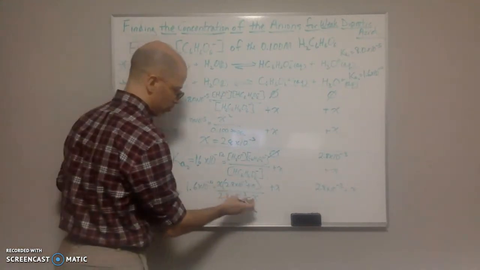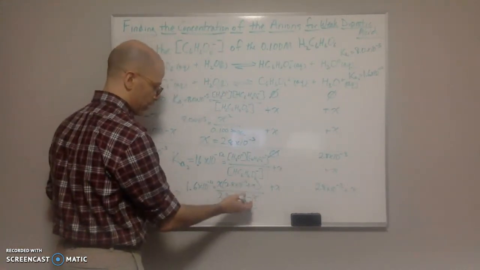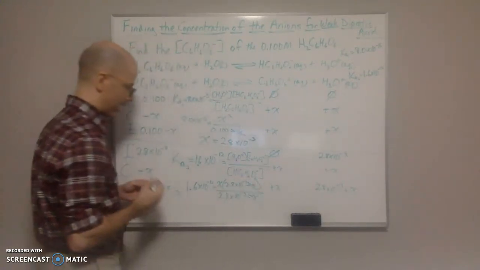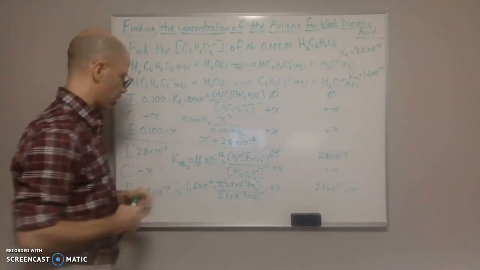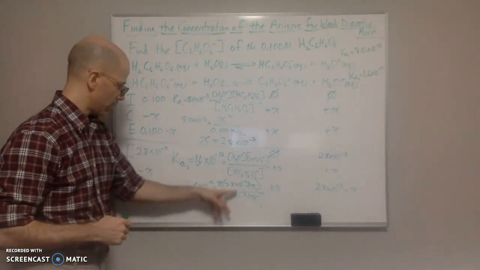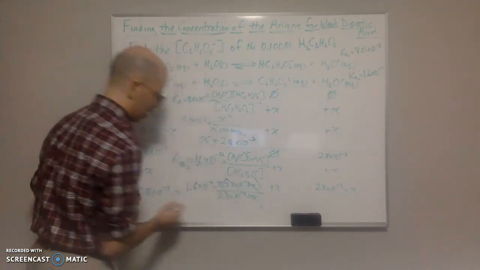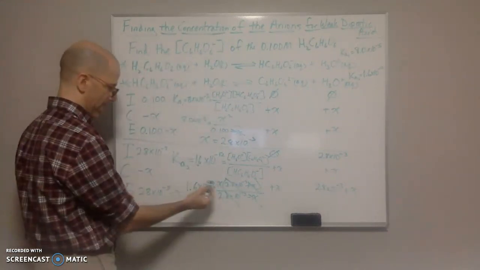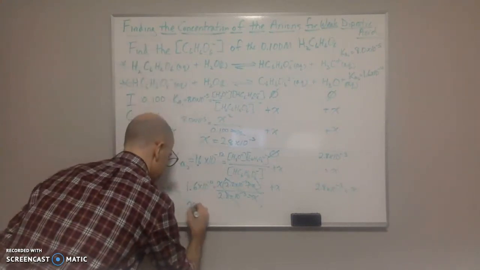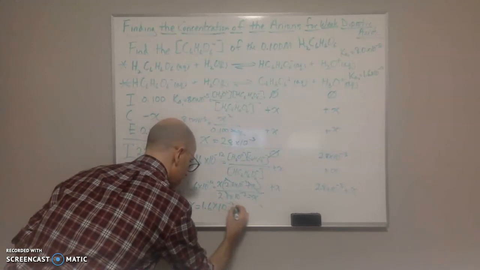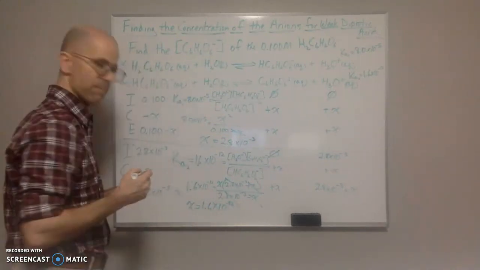So the amount you lose and the amount you gain is negligible to these. So cross that out. And then when you cross that out, these two cancel out. And so X ends up equaling 1.6 times 10 to the negative 12.